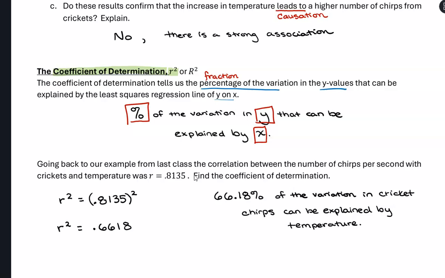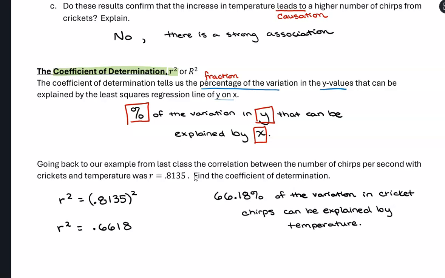Is it mating season for the crickets? Is there a predator out in the woods that they hear and they're sending out an alert? There could be all sorts of other things that affect cricket chirps, but from this relationship and seeing this association, the coefficient of determination tells us the percent that's coming directly from that other variable.